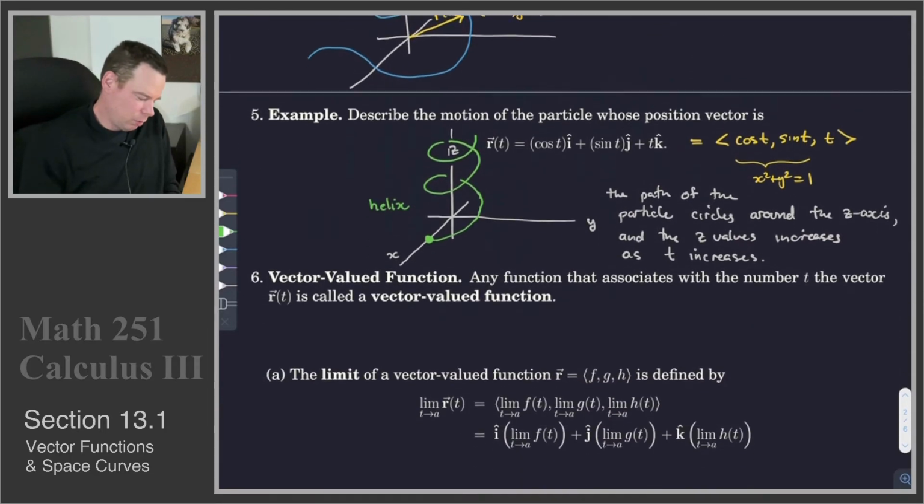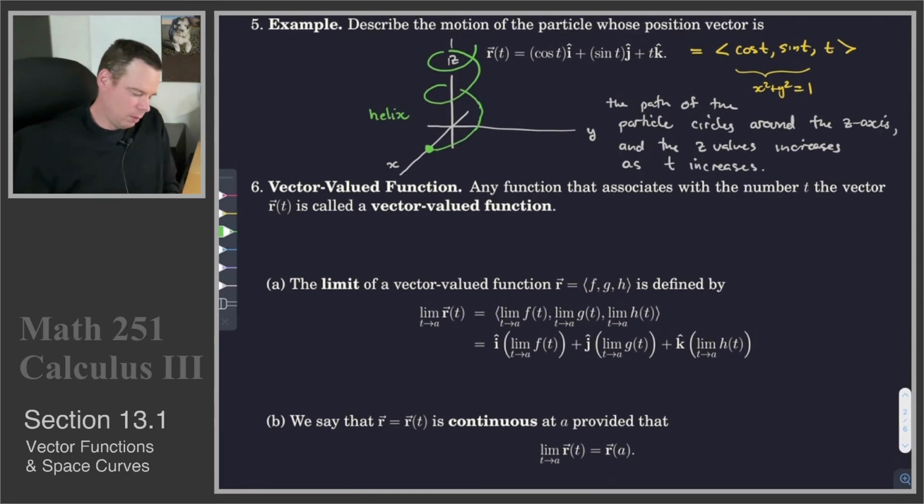So what we've just done here is we've introduced this idea of a vector-valued function. It's a function that associates with a real number input, given by t, an output, r of t, which is a vector. So we call this a vector-valued function. In this case, we can write it as r, and then the colon indicates that this next set I'm putting here is going to be the domain.